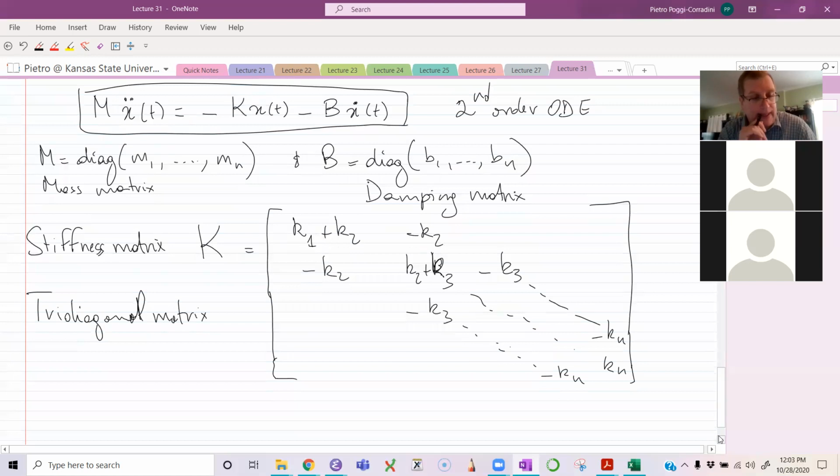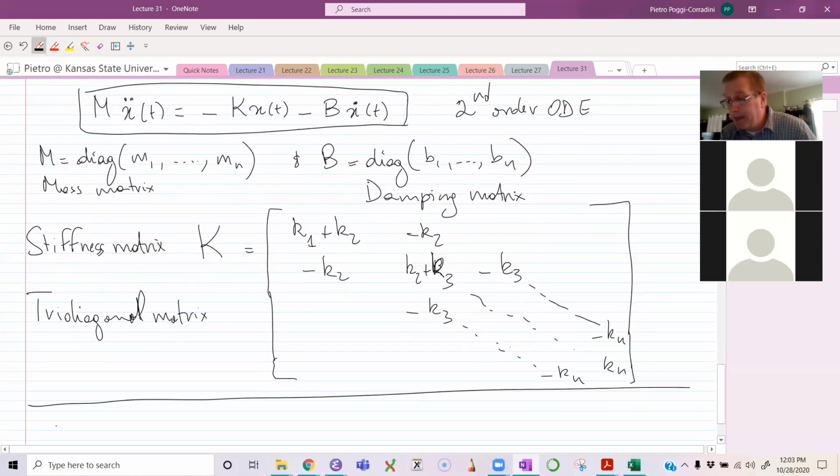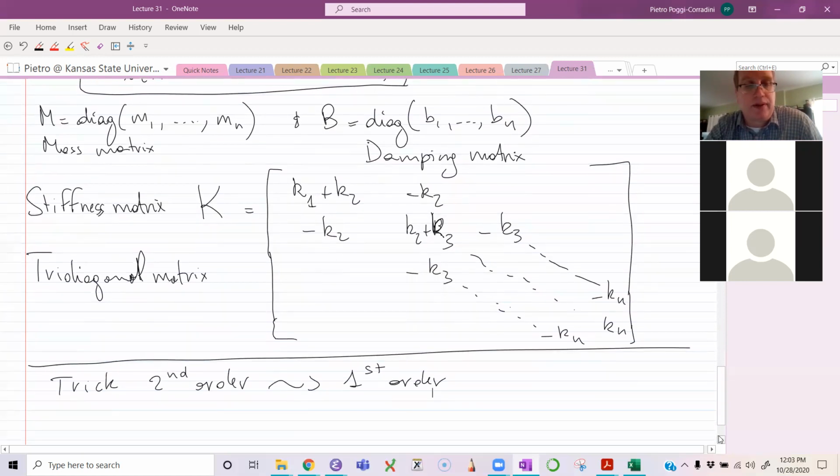So let's do that. In physics, it's called the phase space.